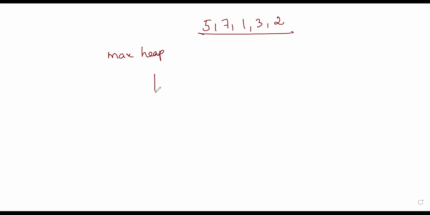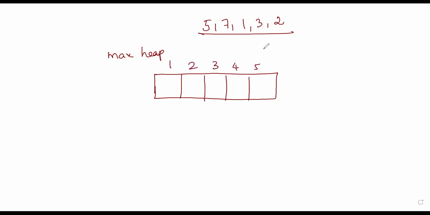Using positions 1, 2, 3, 4, 5, with the formulas 2i, 2i+1 and i/2. First I'll insert 5. The next element is 7, so 7 is at position 2.